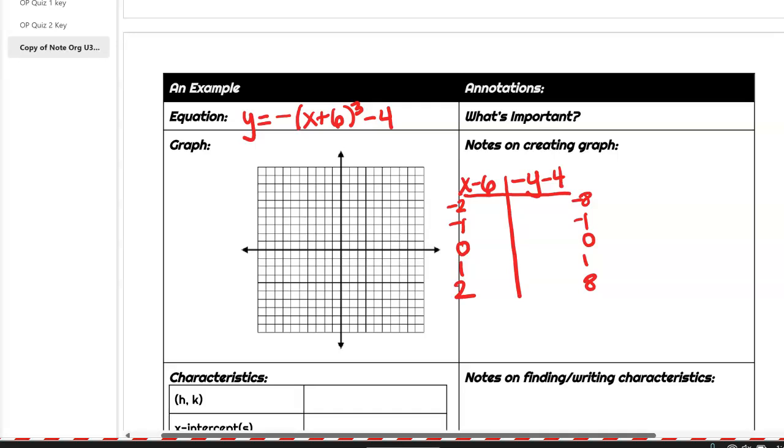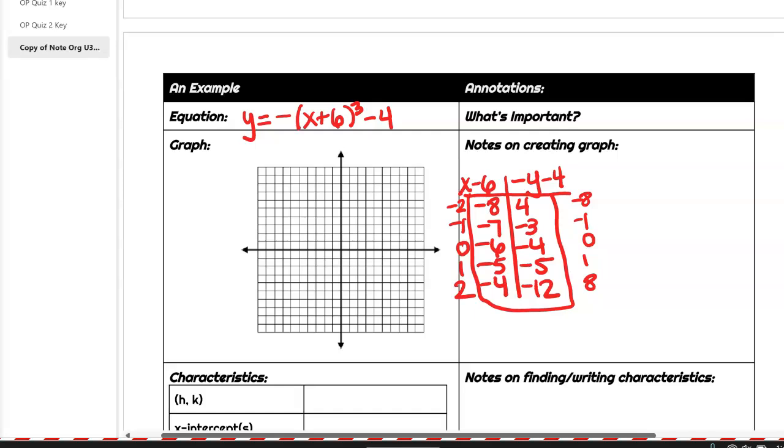So I'm going to take each x value and subtract 6 to give me a new list of x values. And I'm going to take each y value's opposite and subtract 4 in order to give me a new list of y values. So this table of points is what this new graph will look like.